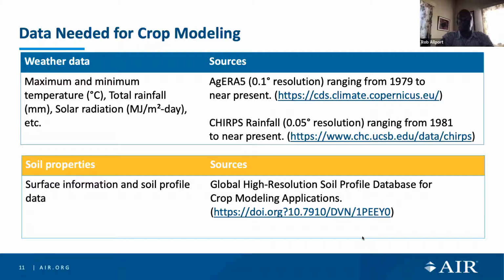The reason why we took AgERA5 is because of its resolution and also consistency when you compare it with CHIRPS, because it has rainfall and many other parameters that we are extracting for the crop model. When we compared, we chose to drop the rainfall from that but also take CHIRPS. A lot of organizations have accepted it as quite good.